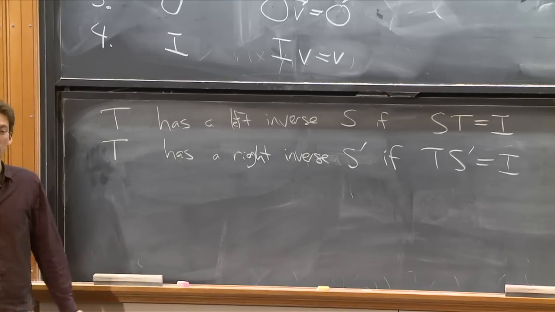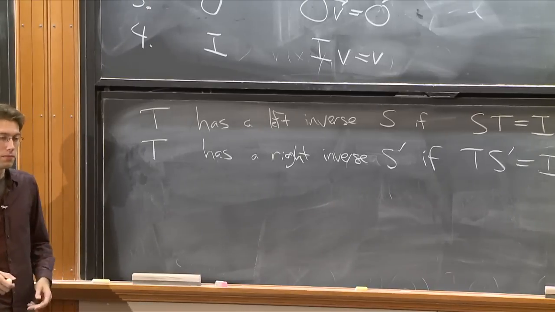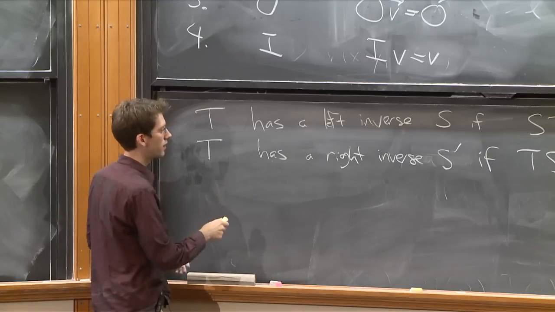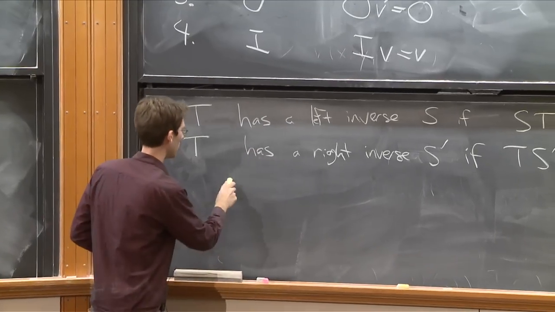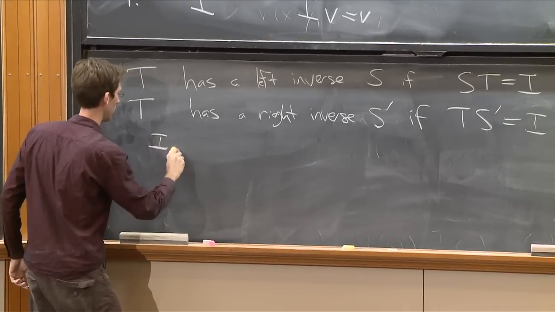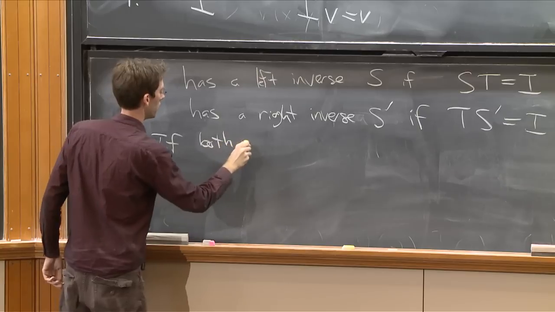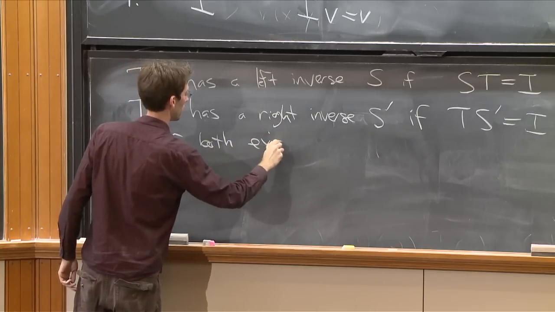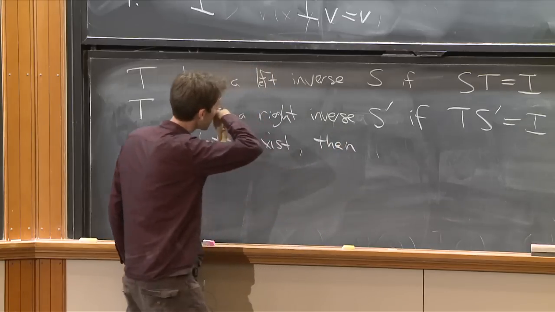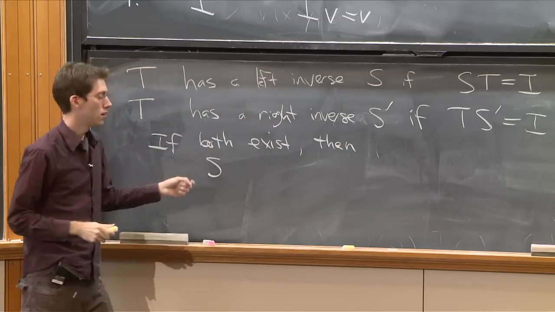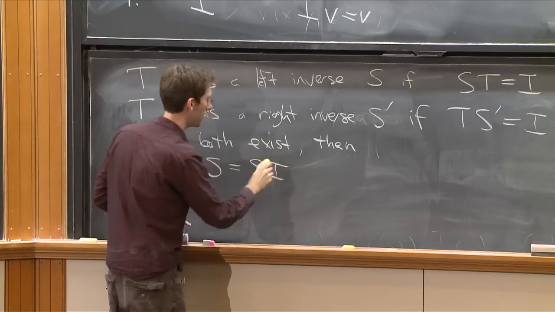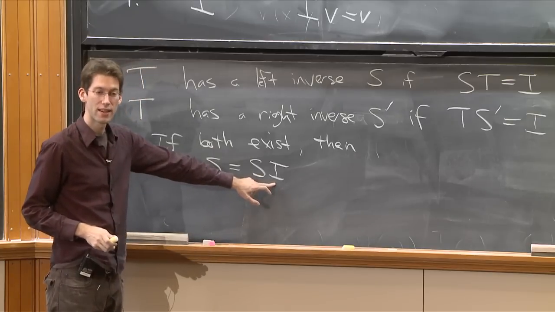And what if T has both? Then in that case, it turns out that S and S prime have to be the same. So here's the proof. If both exist, then S is equal to S times identity by the definition of the identity.